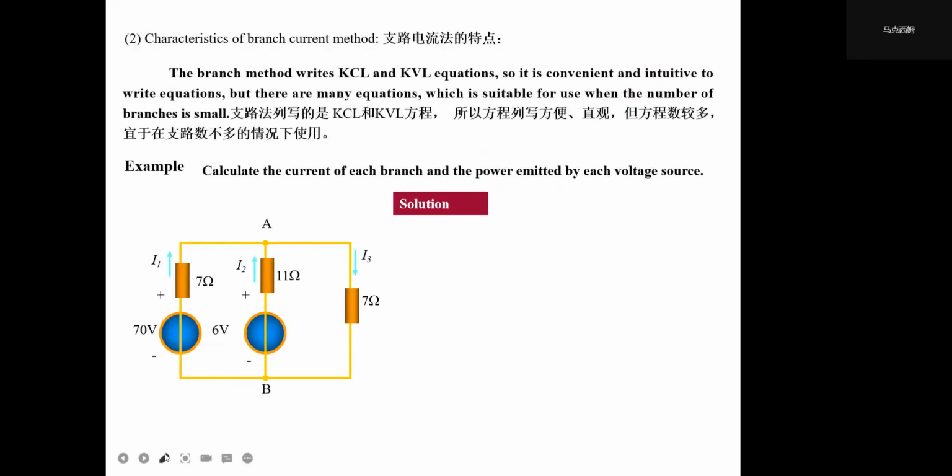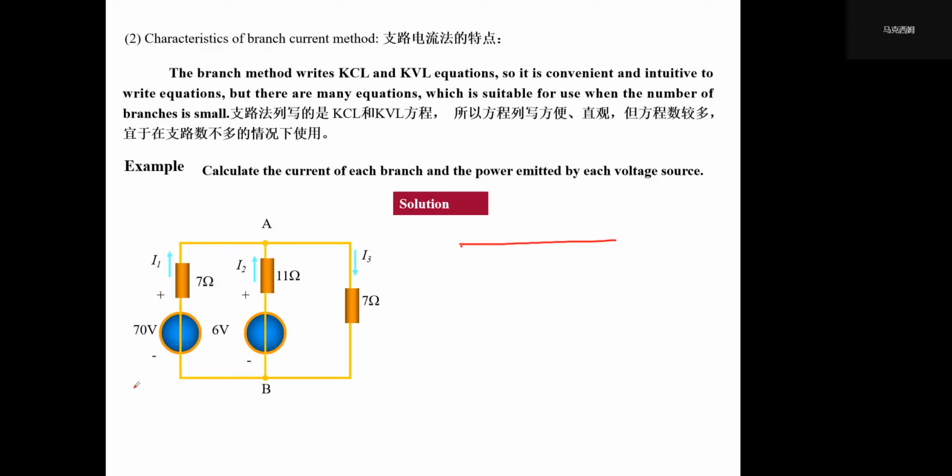Actually, for this example, we could do it in a whole new way. From the knowledge we have learned from last lecture, we can solve it by translating this into this one.